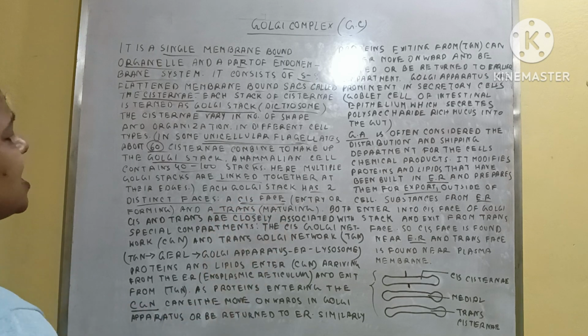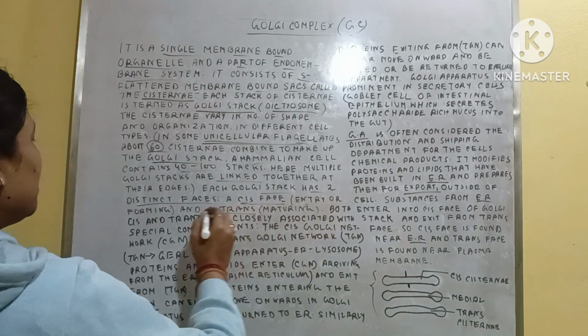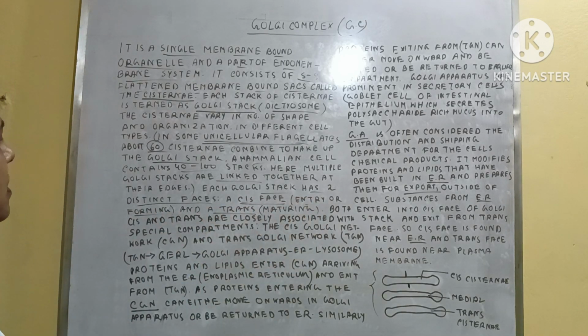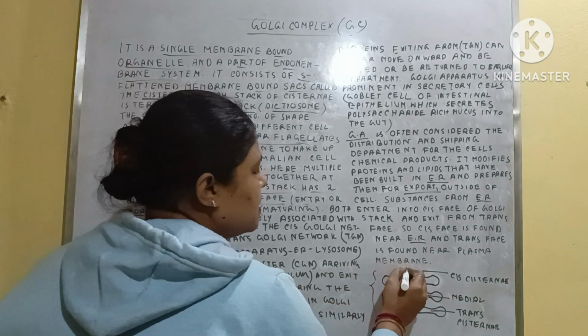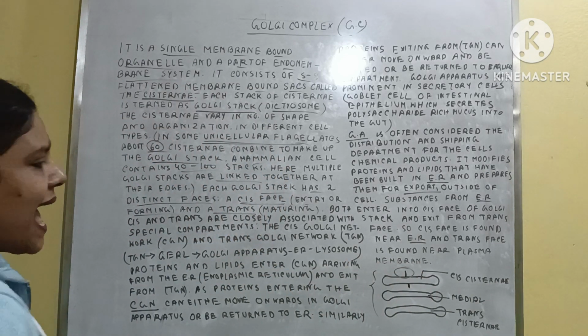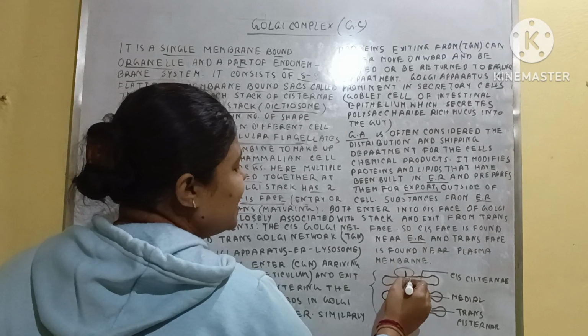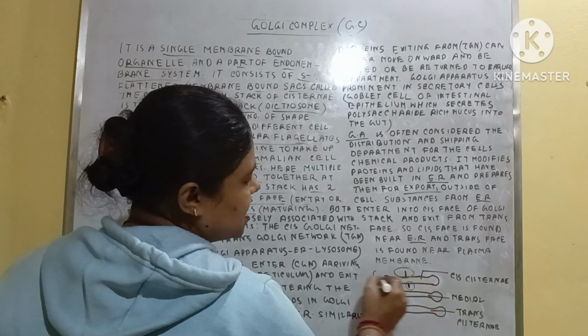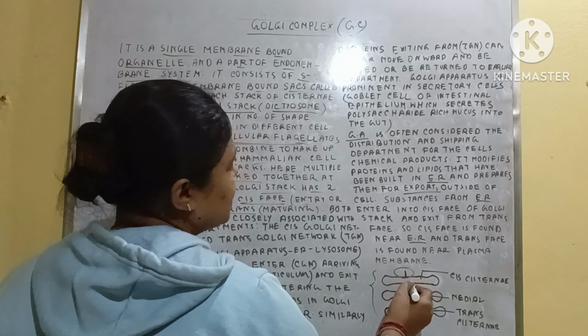The entry or forming face. That means any particle can enter the Golgi complex through this region, and this is called the cis region. And what is released from this region is called the trans region.